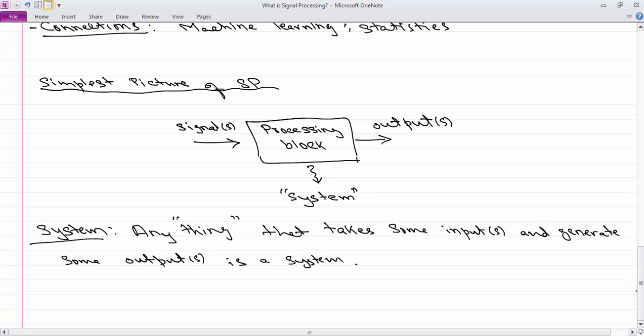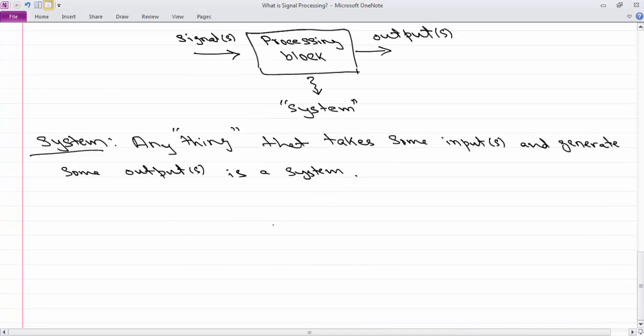It's a very, very broad term. Now, a system itself can have many subsystems. A system can be made up of a cascade or a combination of other systems.